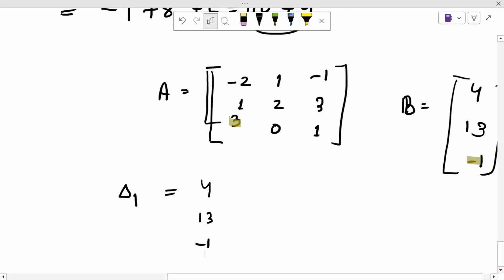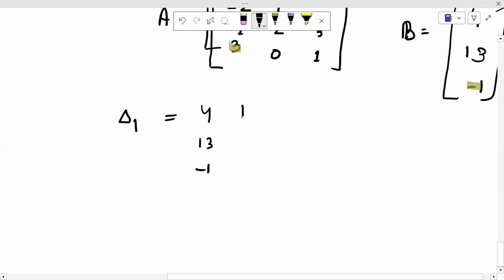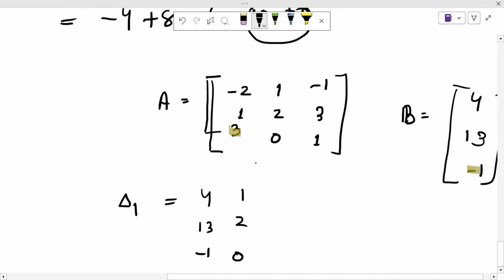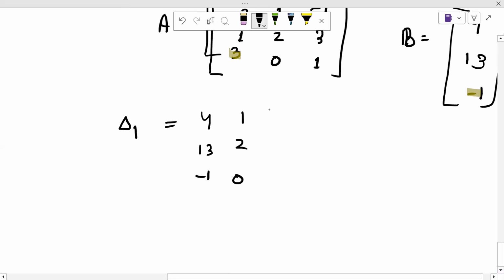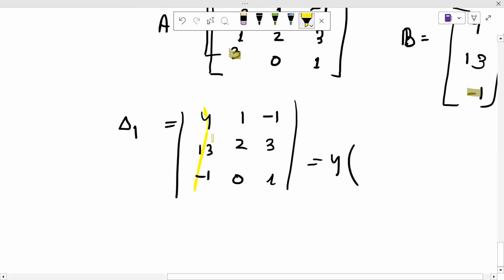1, 2, 0. Next value minus 1, 3, 1. And with a similar process we adapted, the solution becomes: when we expand along the 4 of this determinant, we omit this column and this column, and take the determinant of the other values.